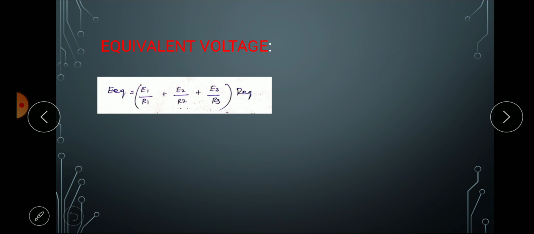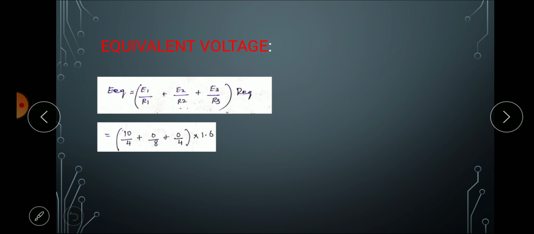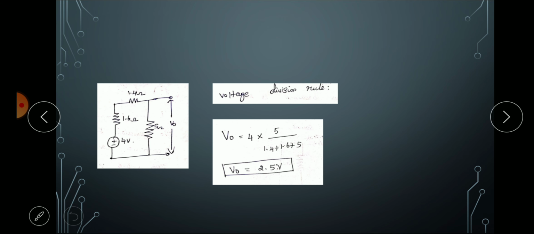E2 and E3 are 0 because we have assumed zero value voltage sources. So substituting the values, we get E equivalent is equal to 4 volt. The circuit can be redrawn. We substitute the E equivalent value and the R equivalent value.